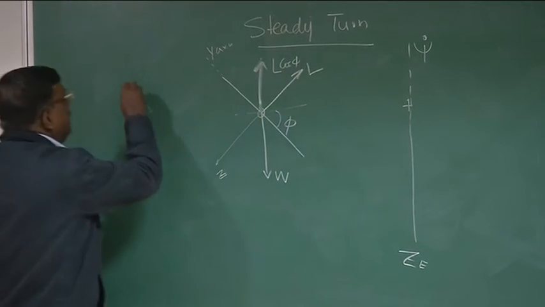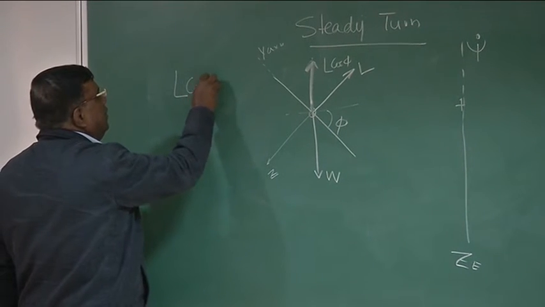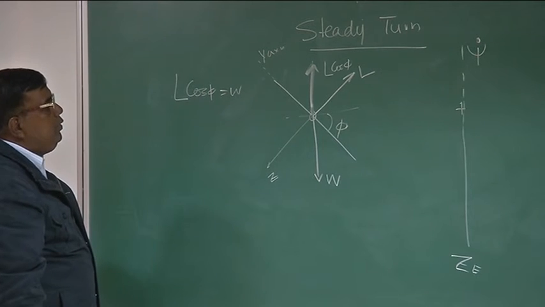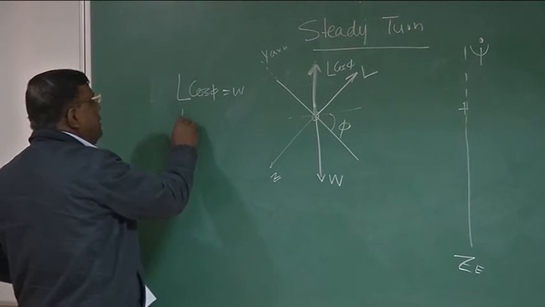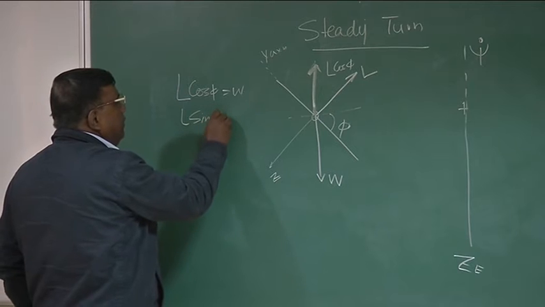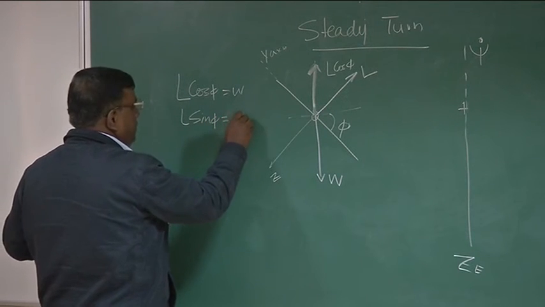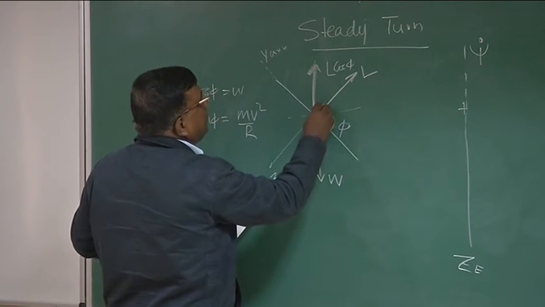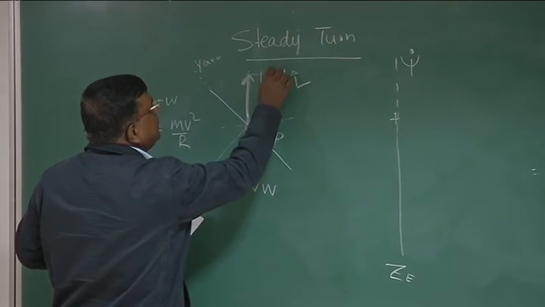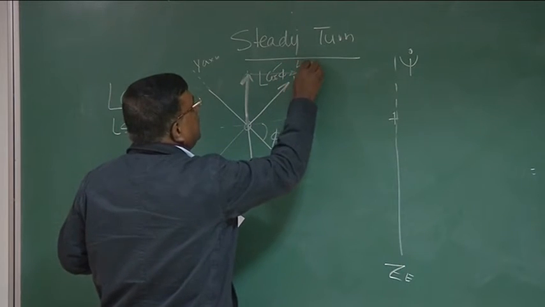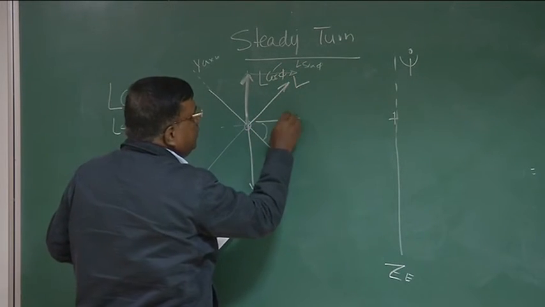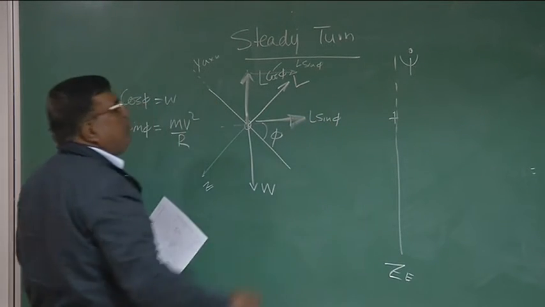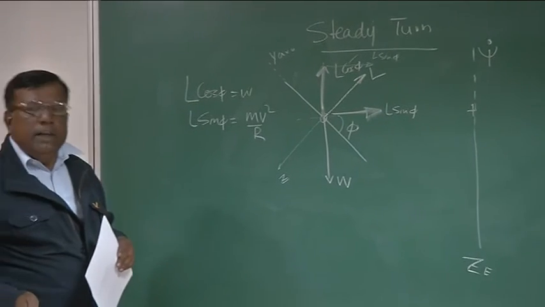So I must have L cos phi equal to W. The L cos phi component of lift should balance the weight, and the L sin phi component must be equal to mV square upon R, because lift has two components, and the L sin phi component is responsible for giving centripetal acceleration.